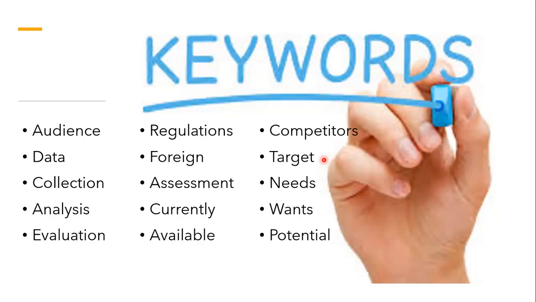Example, I have a product that is only for women, maybe for teens between 12 and 15 years old. So that's my target market. Something very specific, a very specific market. And pay attention to this word, pay attention to the spelling too.